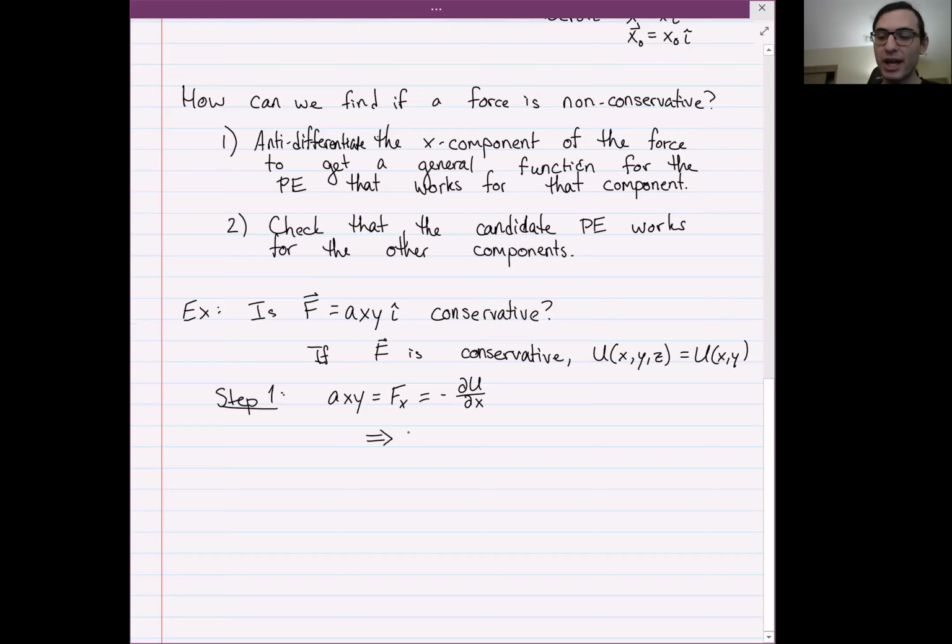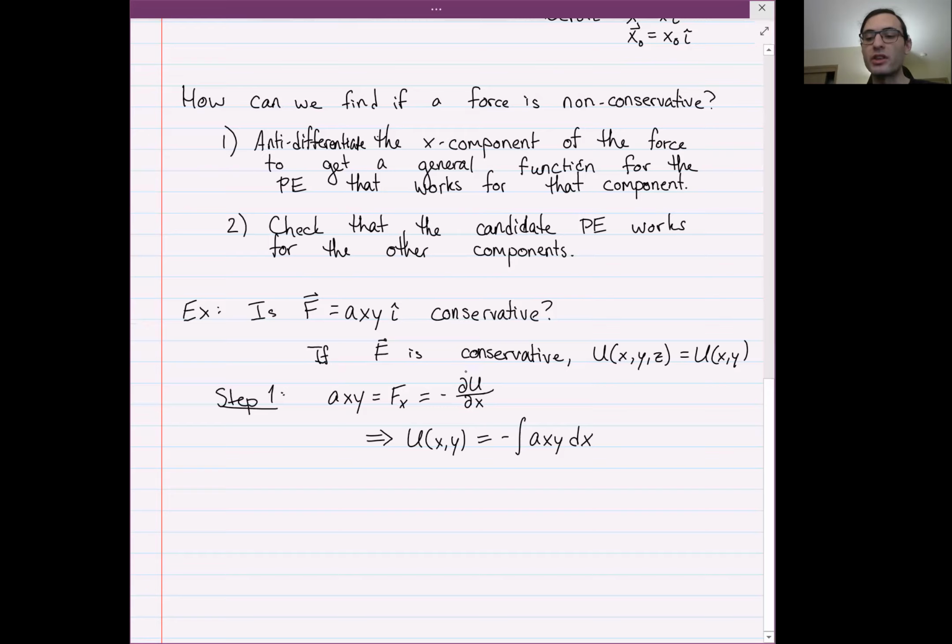So that would imply that the potential energy function, you can undo a derivative with an integral, should be equal to the negative integral of axy dx.